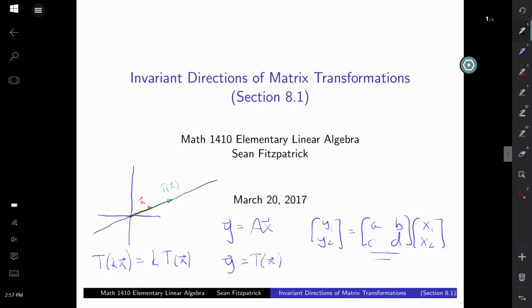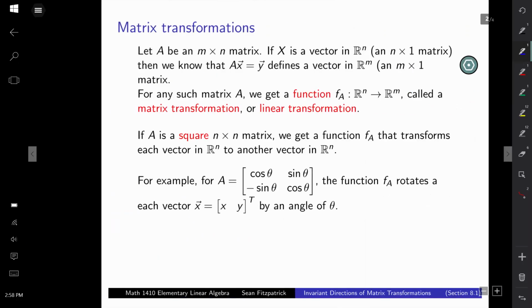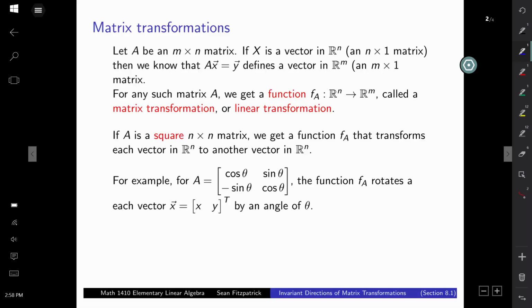There are a lot of problems in different areas of mathematics that can be studied in this context of subspaces that are preserved by linear transformations. Before you can really understand that problem, you first have to understand this concrete problem of eigenvalues and eigenvectors.